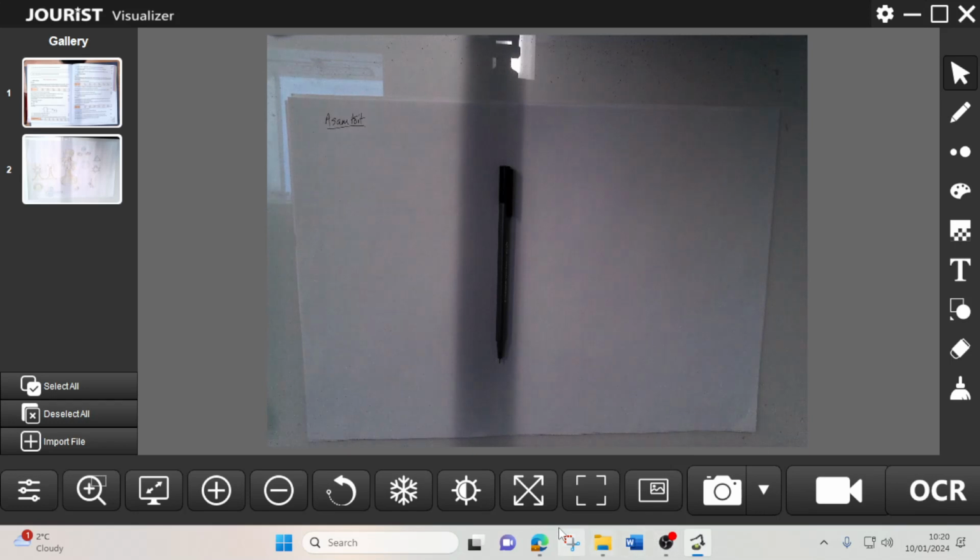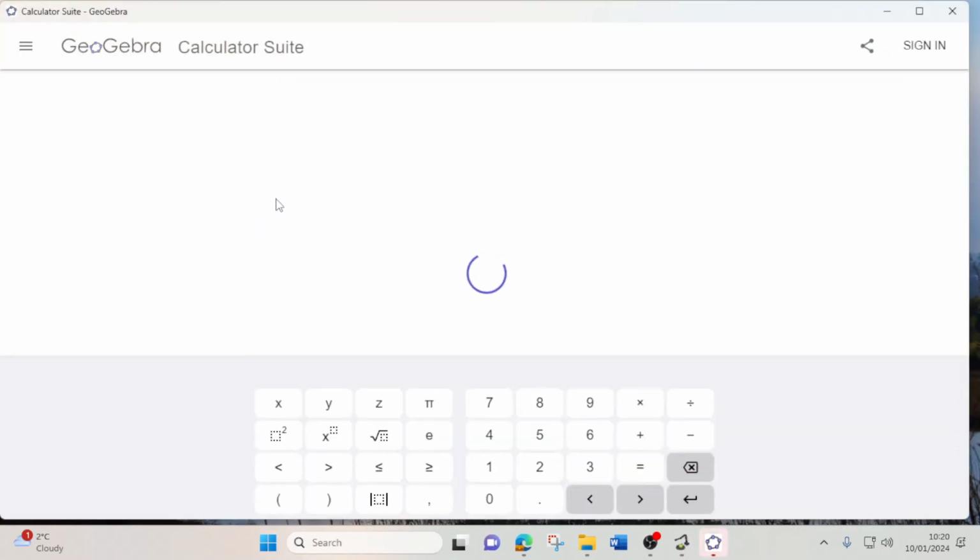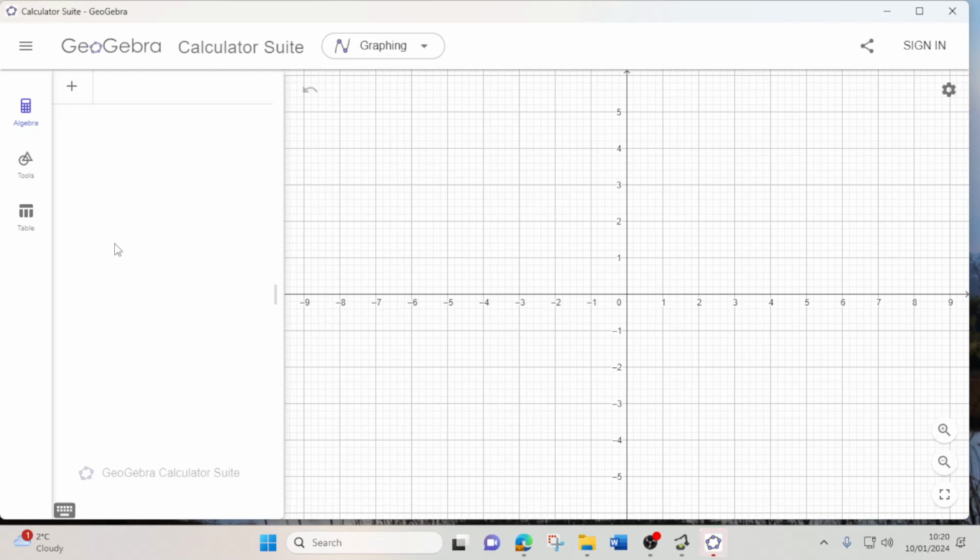So to draw the asymptote here, I've got the graph of that curve, so I'm just going to sketch it here. Now, the asymptote is always u(x) over v(x).